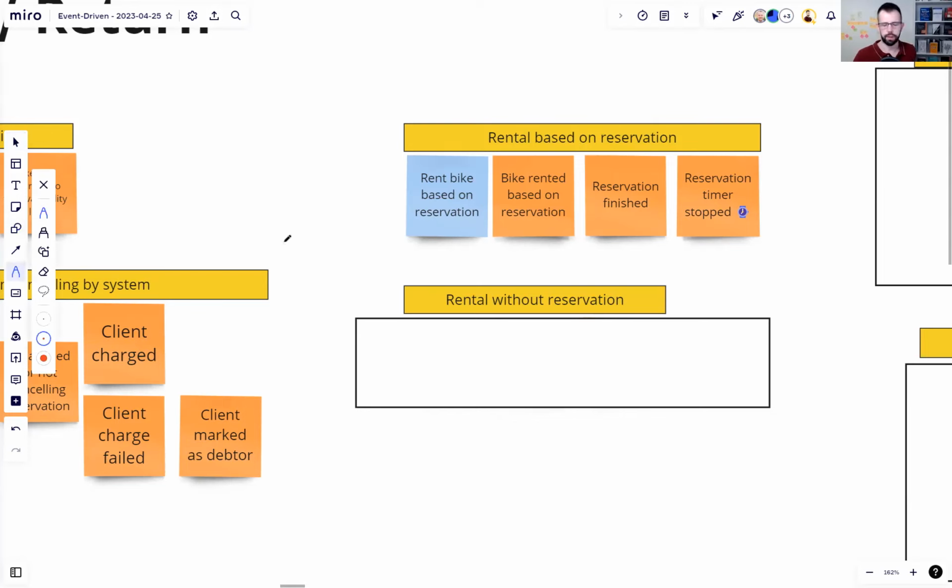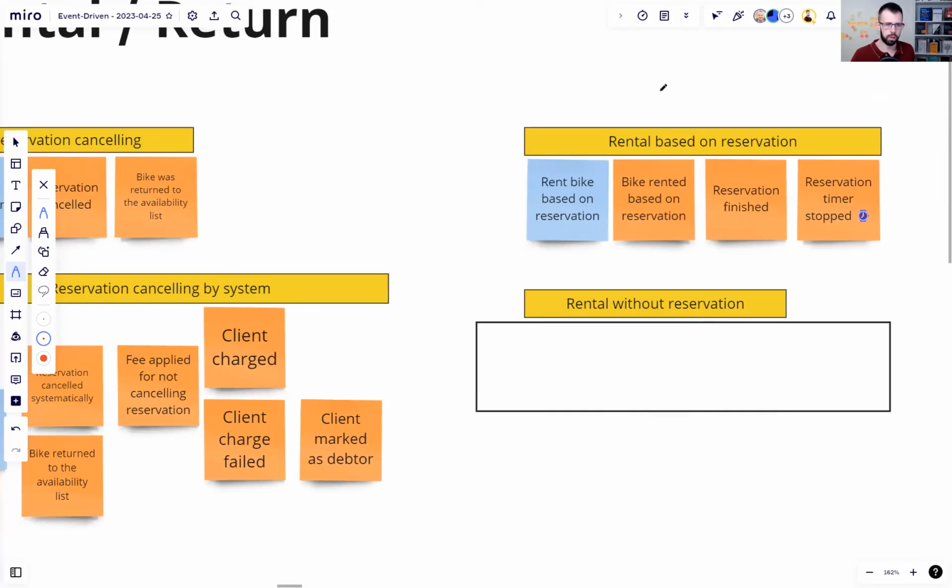So we want to stop the timer that we started previously. As you can see, there is no information about bike availability here, because the bike is already crossed out from the availability list, it is stored in this reservation, and then in this renting.